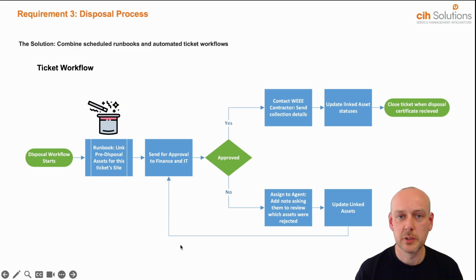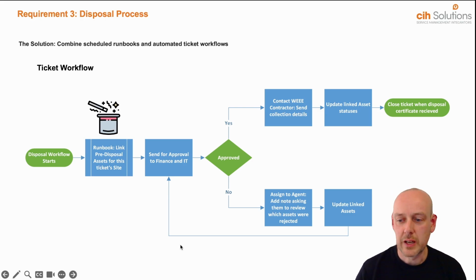Once that table has been completed, all of the assets have been added, the workflow then goes through the approval stage. As you can see on the screen, if it gets fully approved, an automation happens which contacts the WEEE contractor, sending them the collection details, and then that updates the asset statuses. It changes it from pre-disposal, and then the ticket can be closed when the disposal certificate is received.